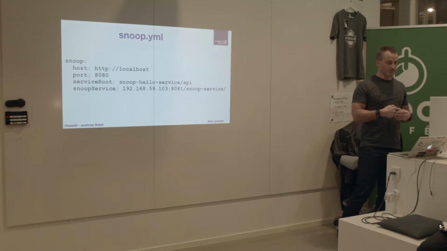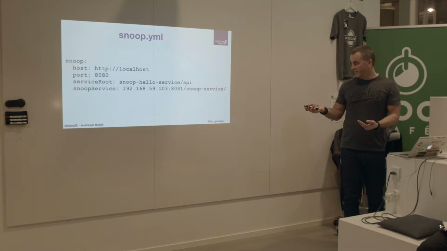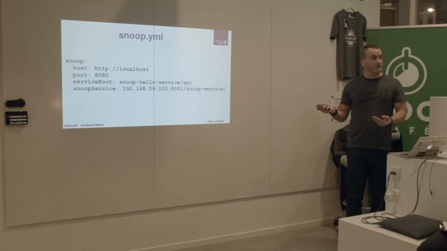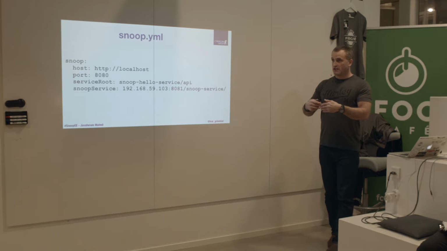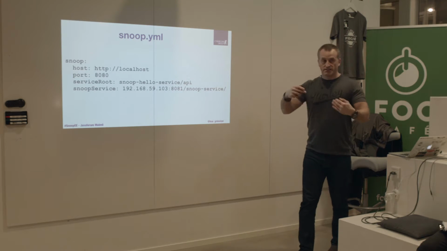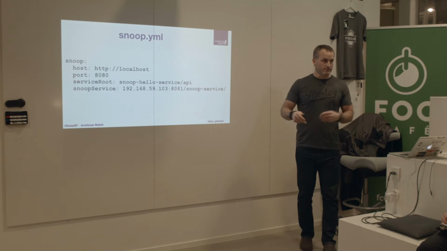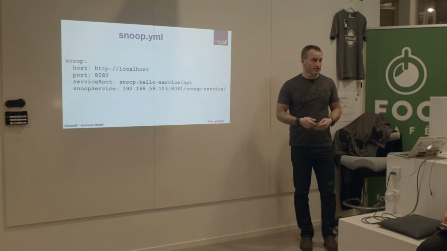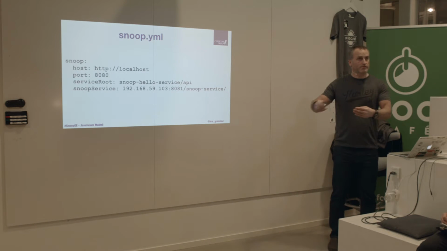And that's all the configuration you need. If you're a client of a Snoop service, the only thing you need is the Snoop service configuration, because you don't need to register yourself. But if you are a microservice registering with Snoop, you're also able to look up other services because you already have everything configured and it's available for you. So you can have services that look up other services.